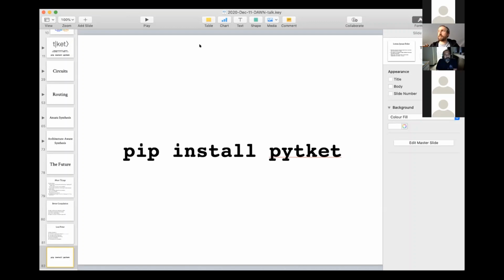So if I'm someone who wants to try out some new algorithms, is it really necessary for me to learn all about how to optimize circuits to get them to work? I think it should not be. And so the point of pytket is to take that problem away and leave you to worry about your actual problem, not the problem of programming a quantum computer.